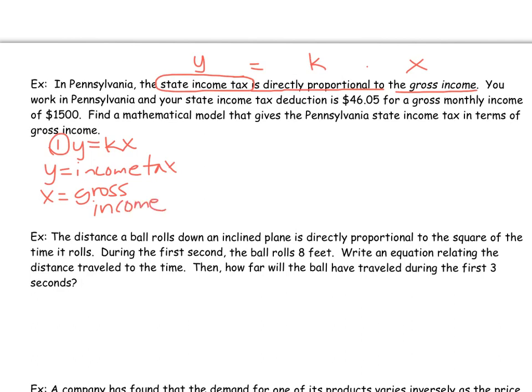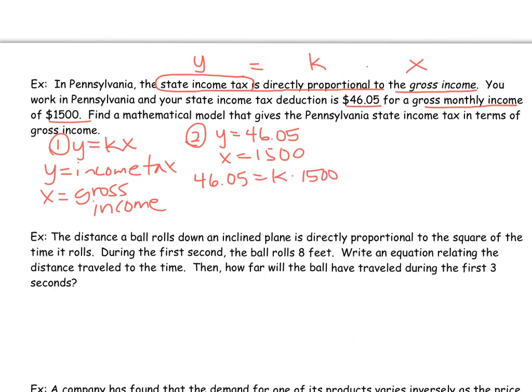It says you work in Pennsylvania and your state income tax deduction is $46.05. So in step 2, we know what the tax is, and we know what the gross monthly income is. If we plug those two numbers into our formula, we get 46.05 equals k times 1,500.